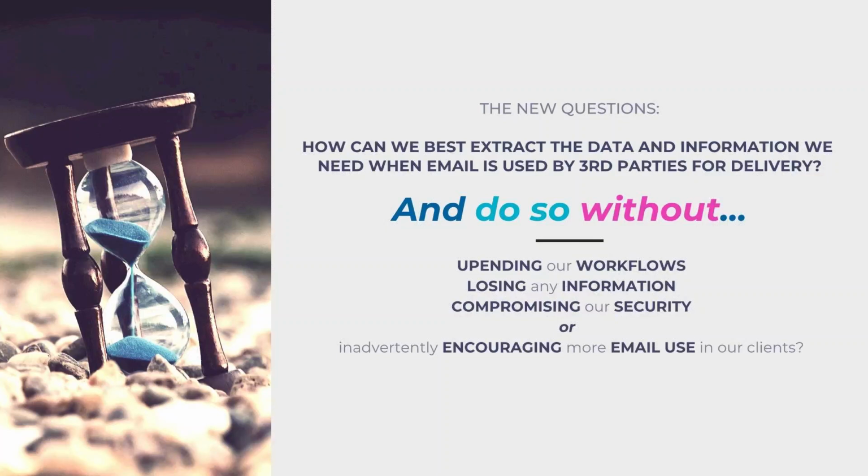So how can we best extract the data and information when we need the email that's used by third parties for delivery? When we look at it this way, how can we get what we need from it, keep it where we need it to be, and then obviously be able to use it as part of our workflow, part of our job, right?